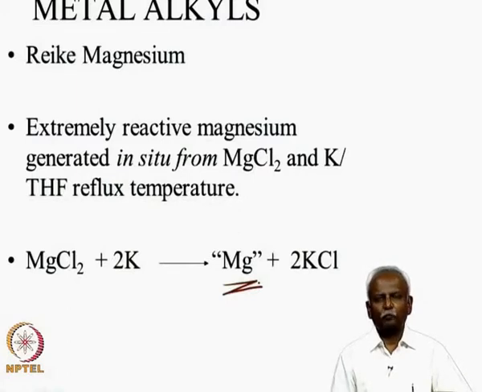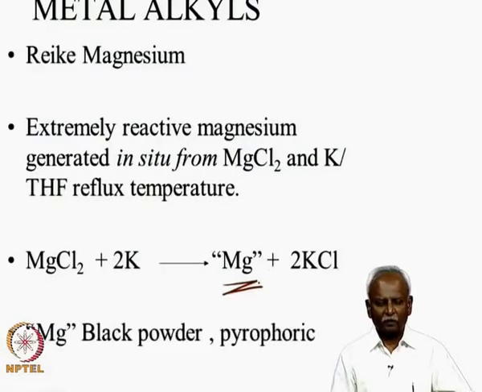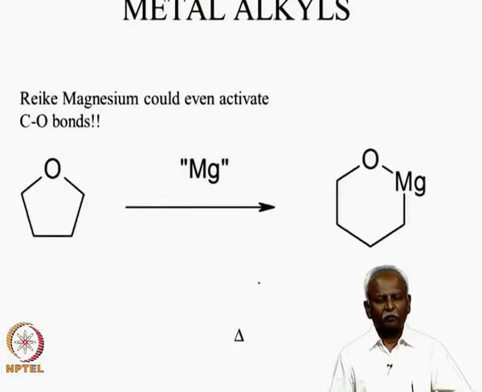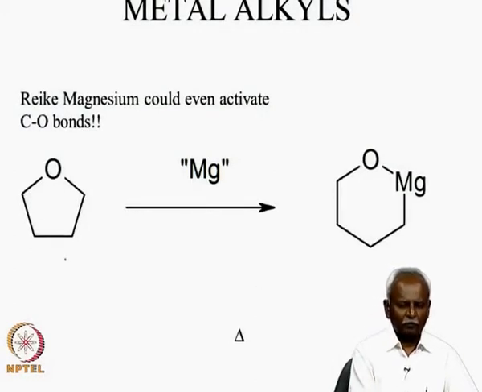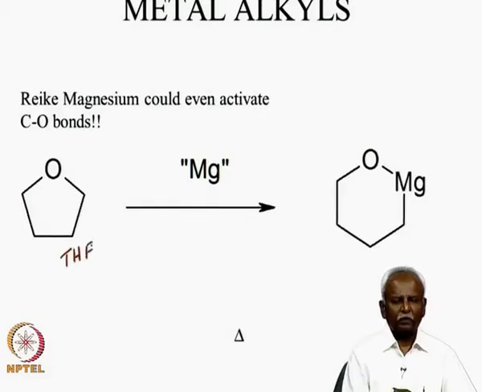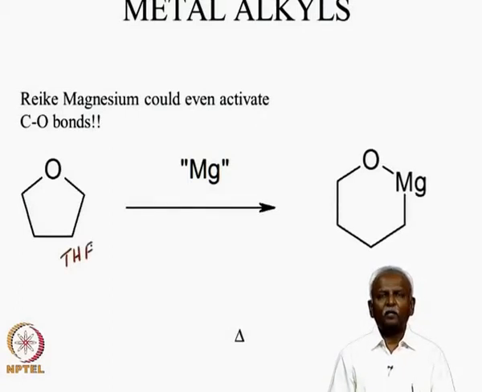using very reactive potassium. So, this is called Rieke magnesium, and it has some very interesting properties apart from the fact that it is not a shiny metal, but a black powder, and it can catch fire when you expose it to air. It is so reactive that THF, tetrahydrofuran, which is a common solvent used when you make Grignards, can be cleaved.